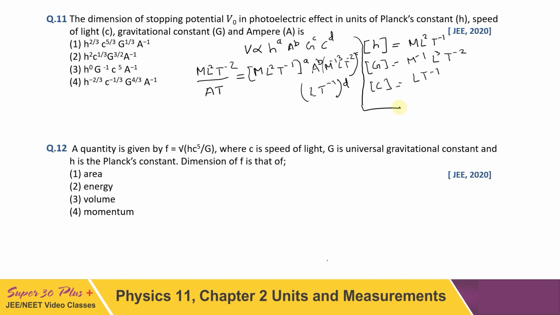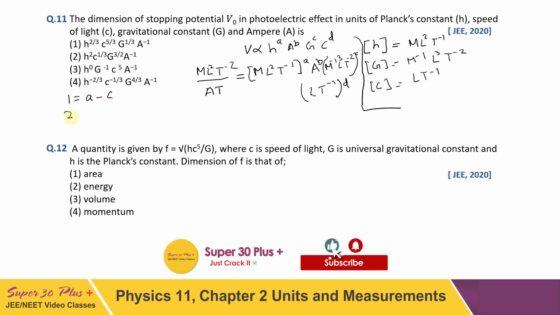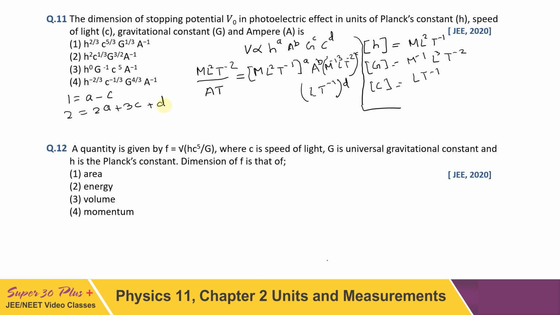Now compare the results from the left hand side and right hand side. On comparing, the power of m is 1 on the left hand side, so 1 is equal to, on the right hand side, a minus c. Compare powers of L: on the left hand side it is 2, on the right hand side it is 2a plus 3c plus d. Now compare powers of T: on the left hand side it is minus 3, which is equal to, on the right hand side, minus a, minus 2c and minus d.